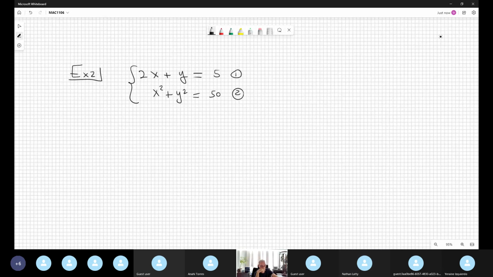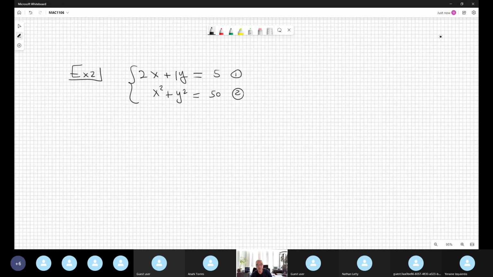Come on, guys. I'm waiting for your answer. Isolate y in equation 1. Excellent. He said, isolate y in the first one. The reason is clear. The first one is linear, and the coefficient 1 is here.